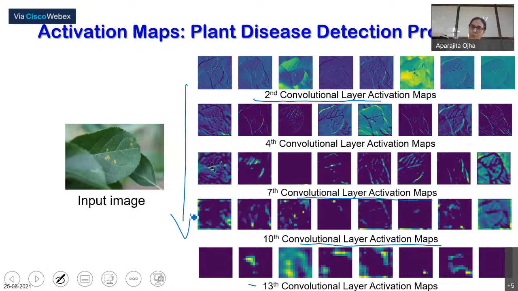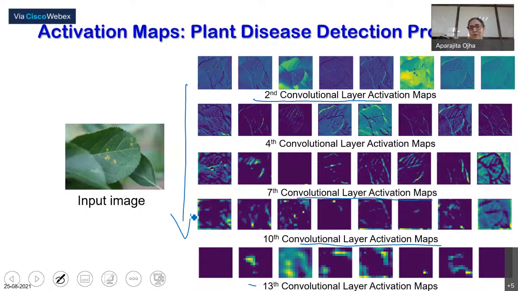At the shallow level, definitely the convolution layer detects some features of the image input, but those features are of low level. And then comes mid-level features and then the high-level features.